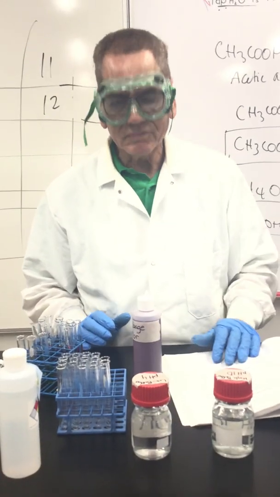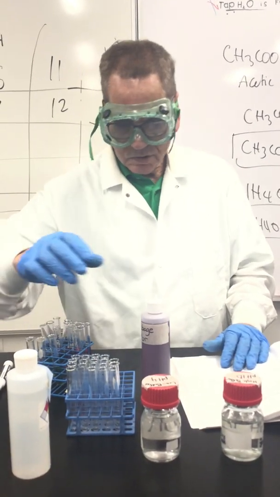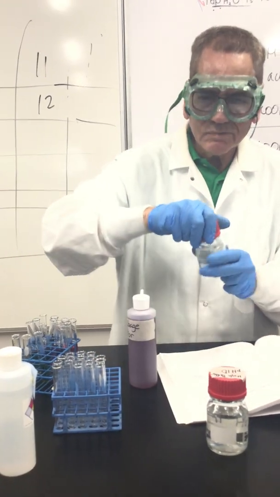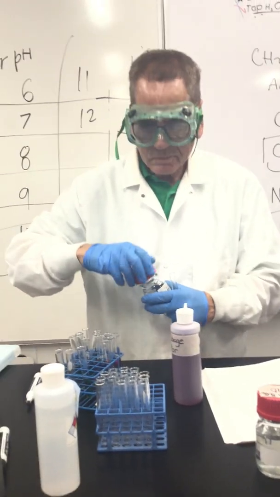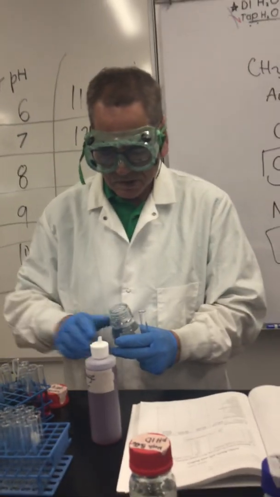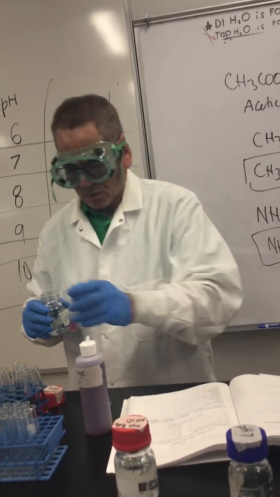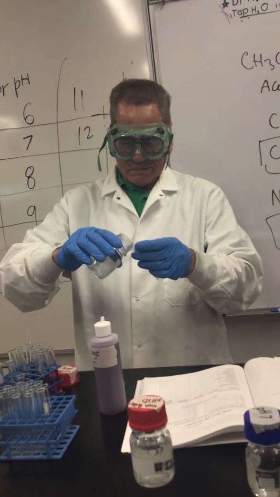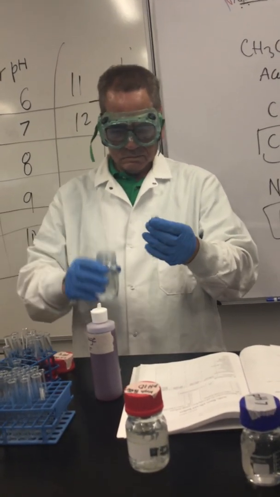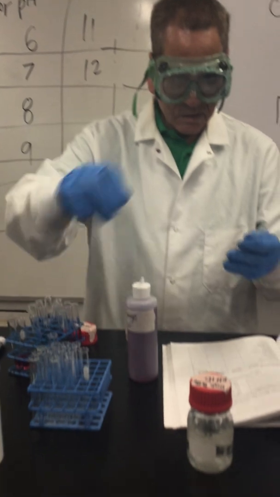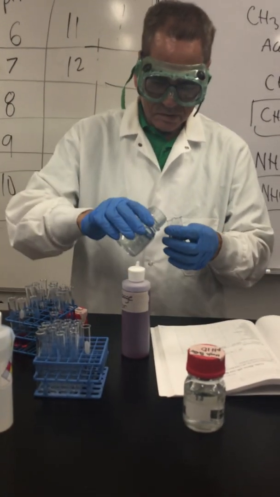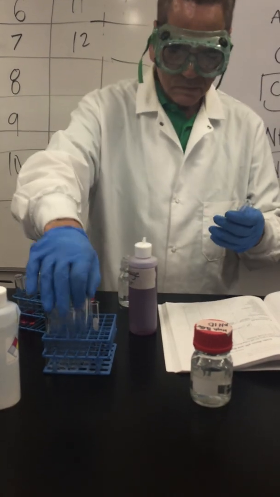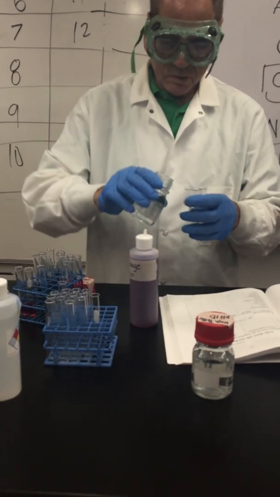Now we mentioned buffer. I'm going to use pH 4 as a buffer, and I don't have to measure it because it says pH 4, and it is pH 4. So this is my buffer, and we're going to have 3 of those. 3 pH 4 buffer.